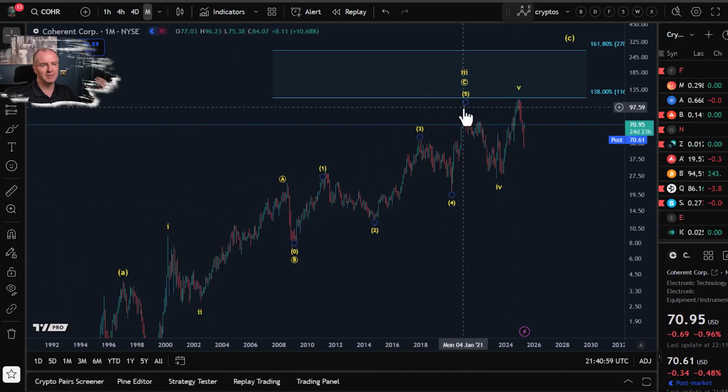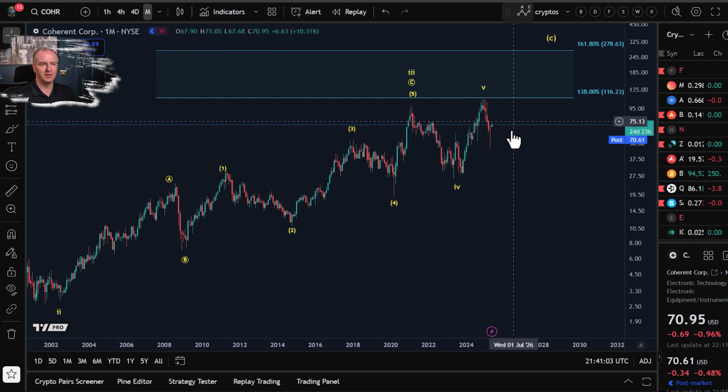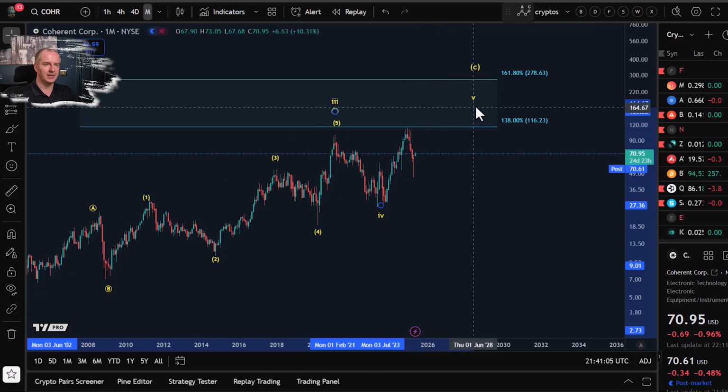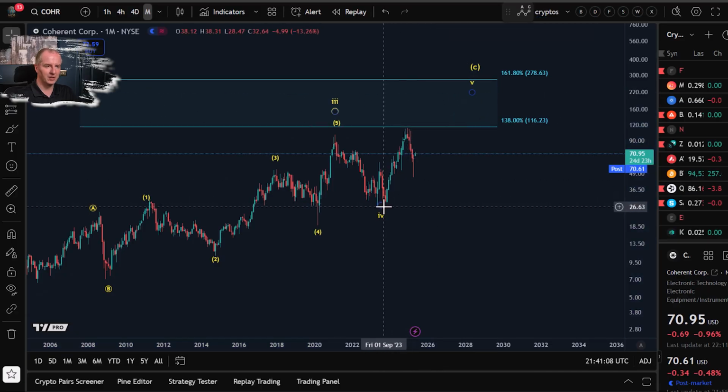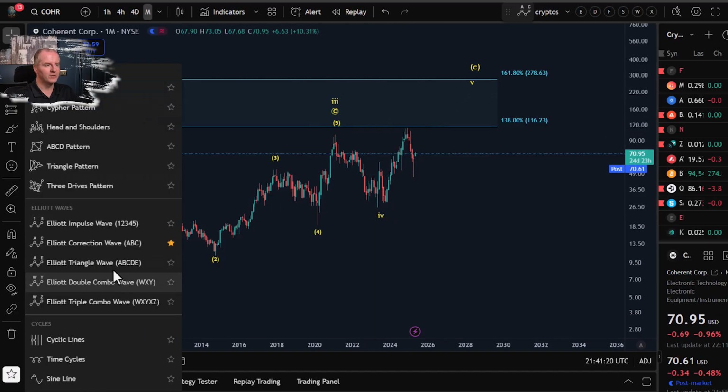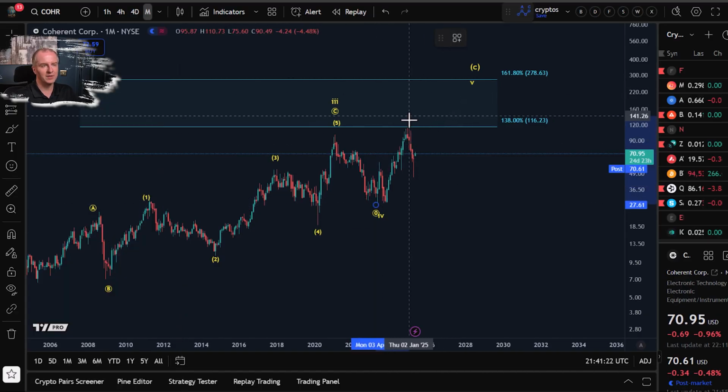It's just barely above the third wave high, but it's reached the next fib level. That's valid. But until we break below that low there, I then need to decide, what would be a level that needs to be broken to the downside to confirm that further? Well, that would be that low, the beginning of wave 5, right? So until that's broken, I have no evidence, right? So we'll see if it can push higher.